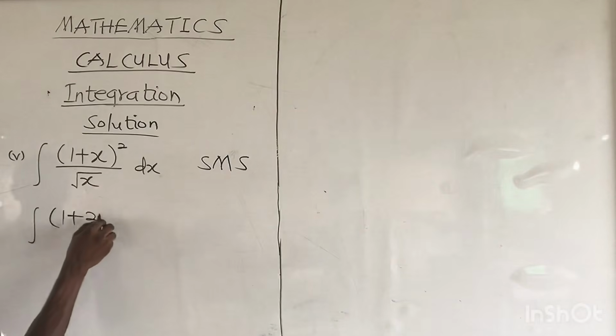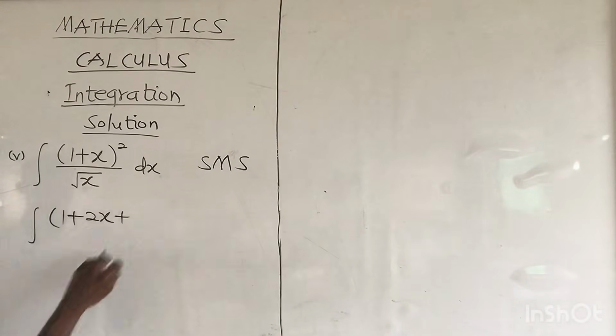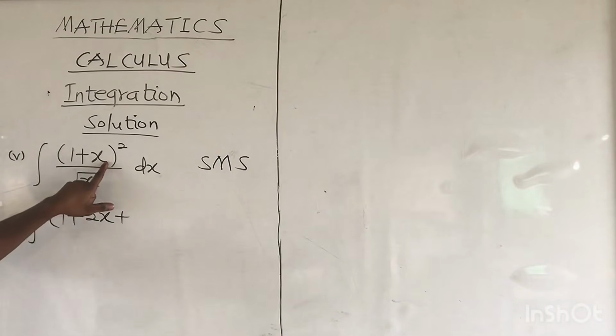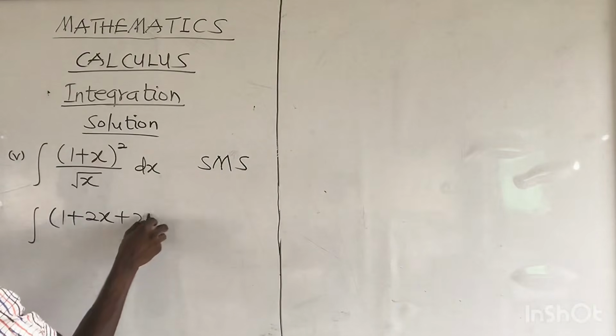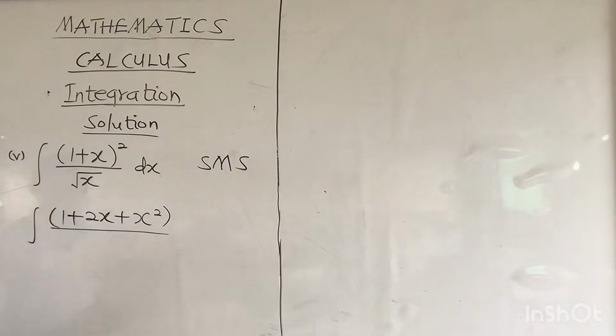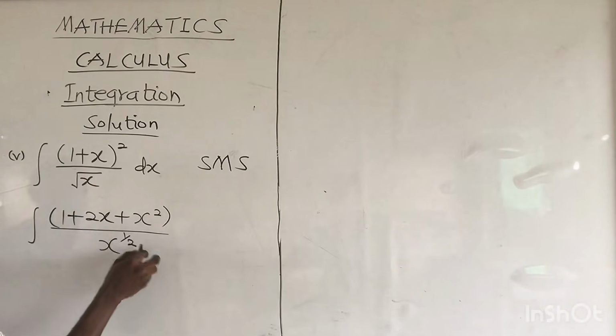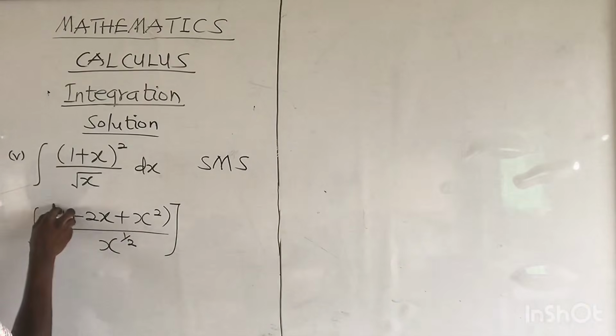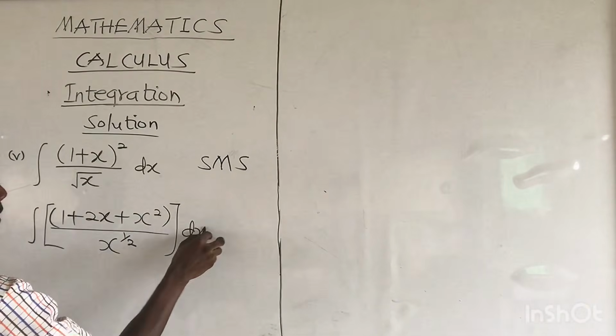We have 2x plus, then we square the last term, which is x squared, all over x exponent half, dx.